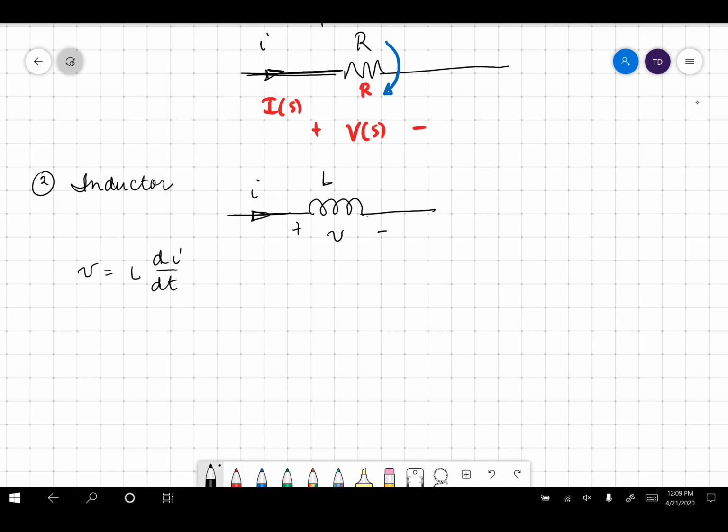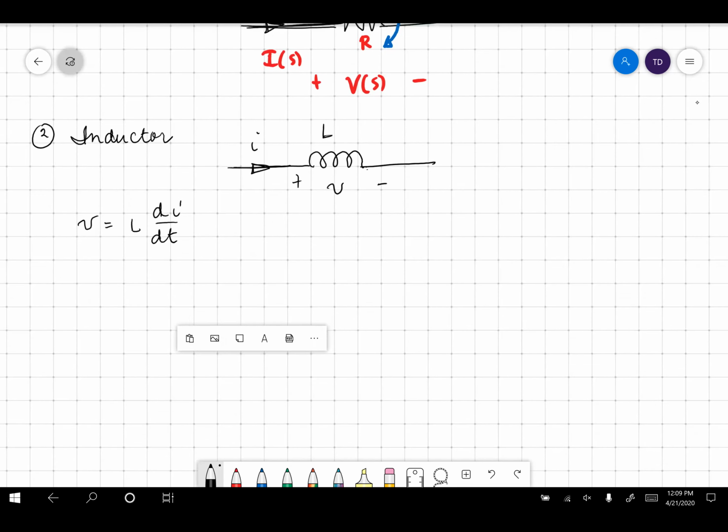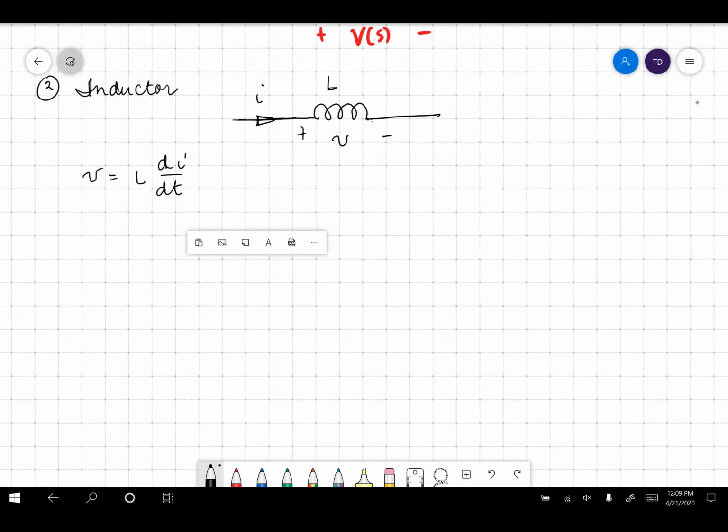So we know that. Now what we're going to do is take the Laplace transform of both sides of the equation. So the Laplace transform of V of t equals the Laplace transform of L times di dt.